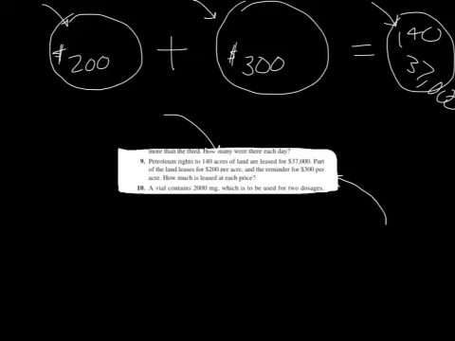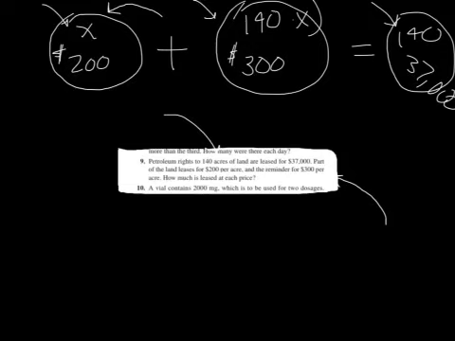Now here's the thing. I don't know how much is leased at $200 per acre, and I don't know how much is leased at $300, but I do know that if this circle has an X amount in it, then this circle has to have 140 minus X in it.